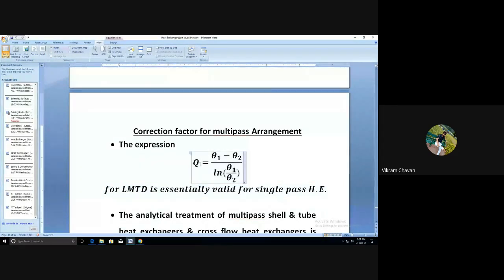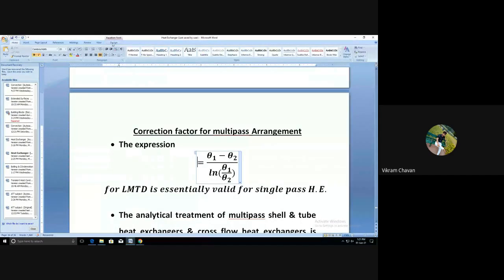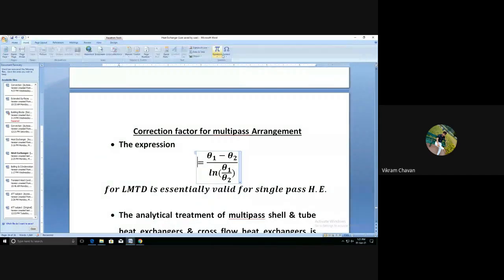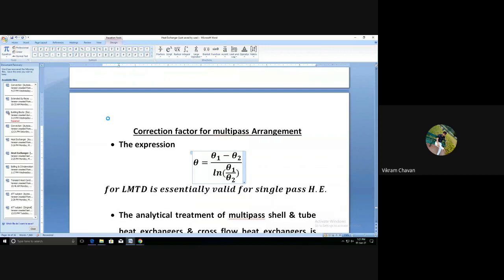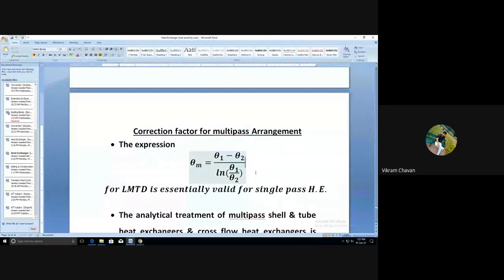I have written a q, so here I have to write theta suffix m. The expression whatever we have discussed for the LMTD, that is the logarithmic mean temperature difference, is theta 1 minus theta 2 divided by ln of theta 1 divided by theta 2.